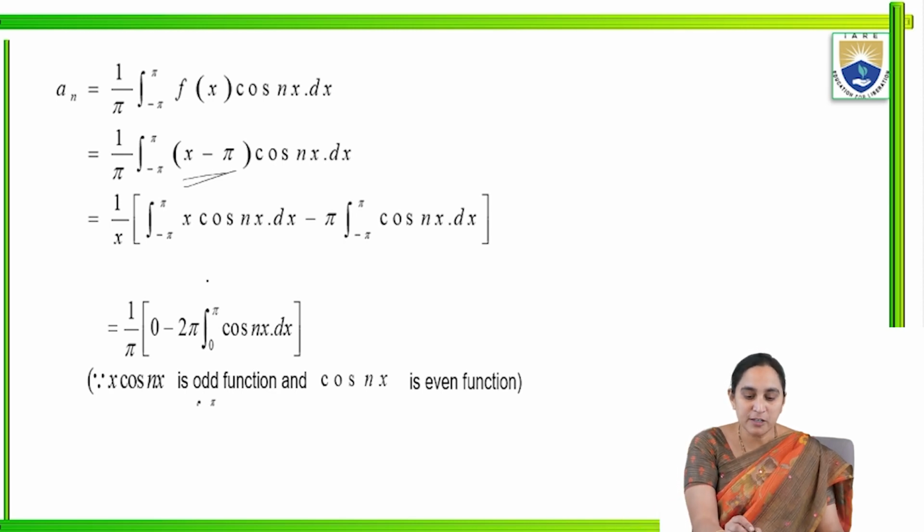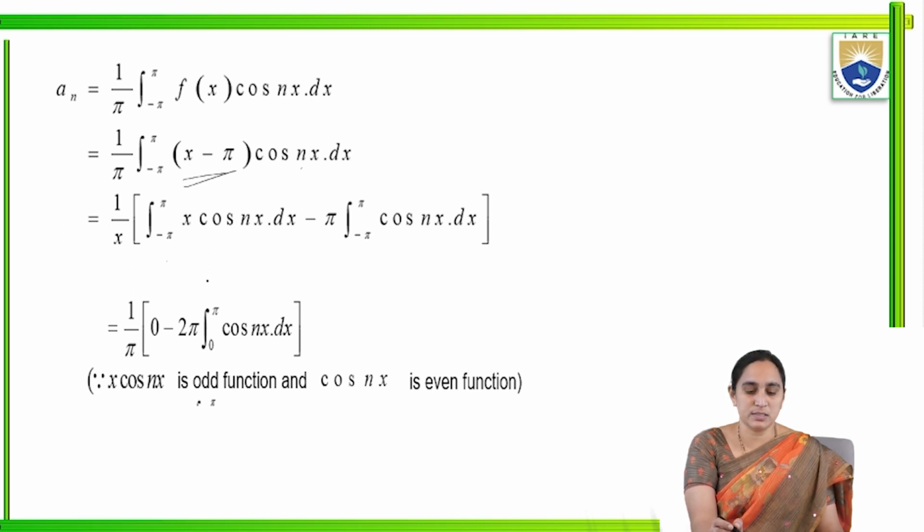After multiplying within the brackets with cos nx, that is 1 by pi into integral minus pi to pi x into cos nx dx minus pi into integral minus pi to pi cos nx dx.